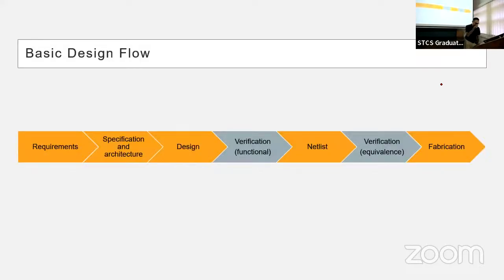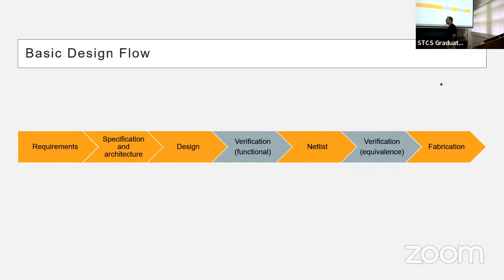So starting with the basics, like anything else, things get started with the requirements. After the requirements, we come up with a specification and architecture for the end product that we want as a chip, semiconductor. From the specification and architecture comes the next step, the design.